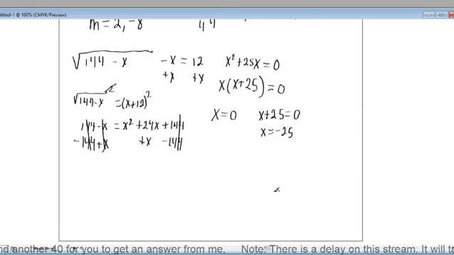So I had to use a little bit of extra logic here. We had to kind of force this to fit into a form that we could solve, and then go ahead and use that zero product principle. So this one is extra credit.